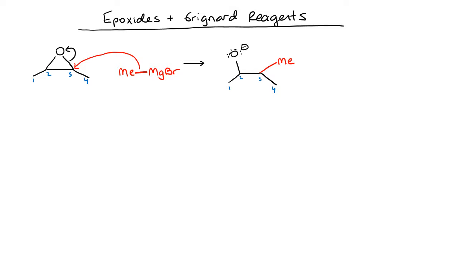This is going to be temporarily stabilized by the magnesium bromide until the addition of water. And water will serve as the proton source to protonate this oxygen and turn it into an alcohol.